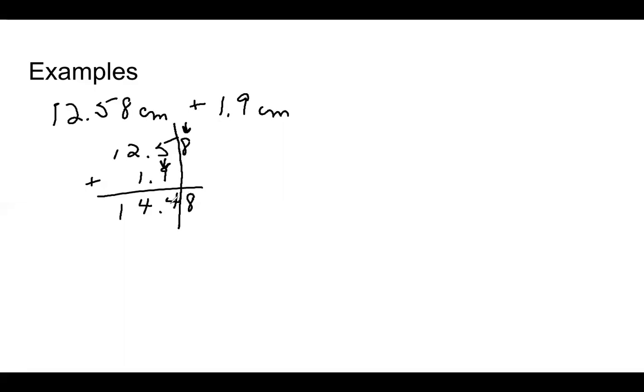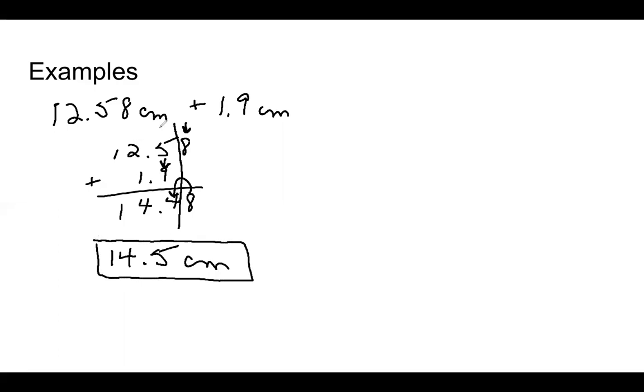Now, we have to consider rounding. So we look at the next digit after where we cut it off. If it's 5 or above, we're going to round up. So our answer then is 14.5, and centimeters plus centimeters is centimeters. That is our answer.